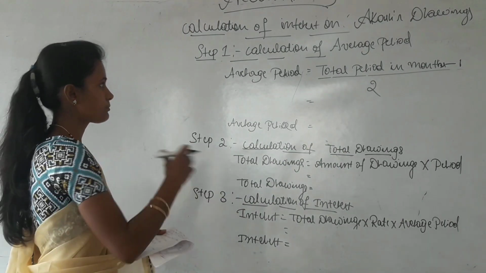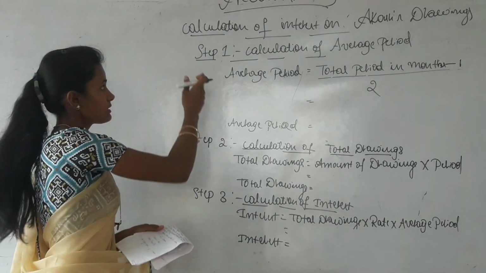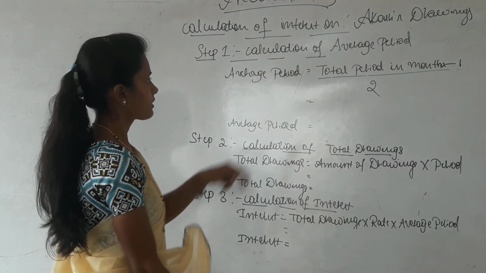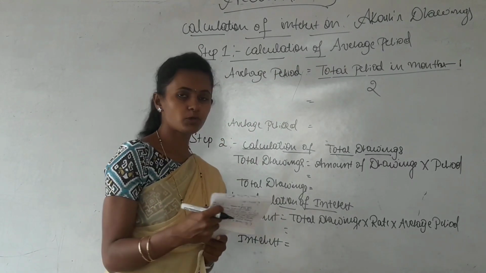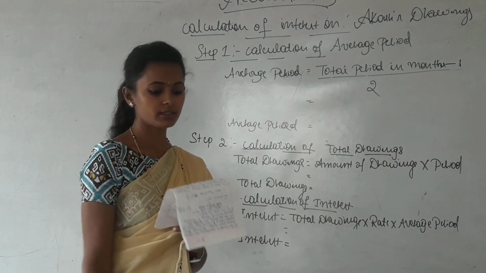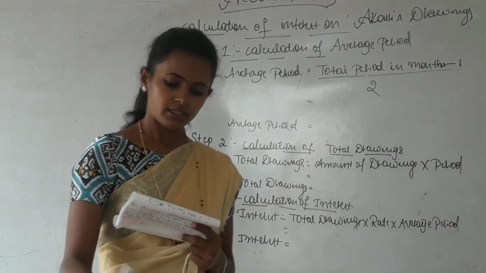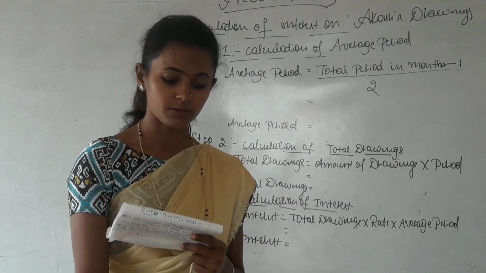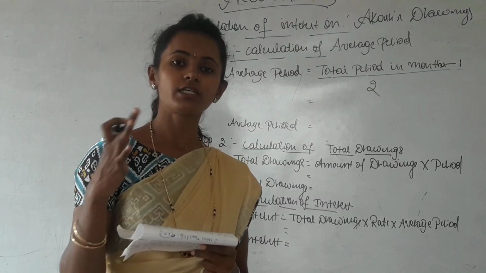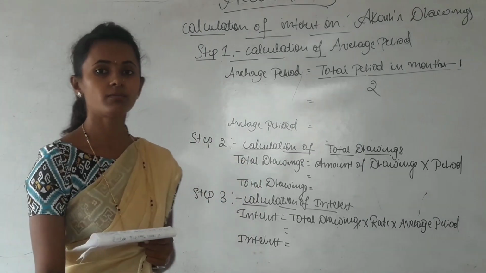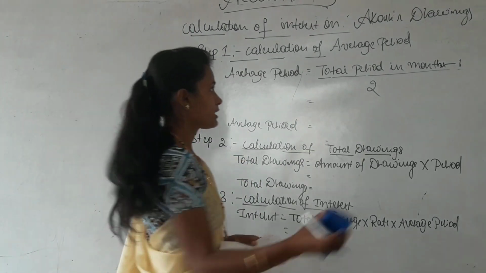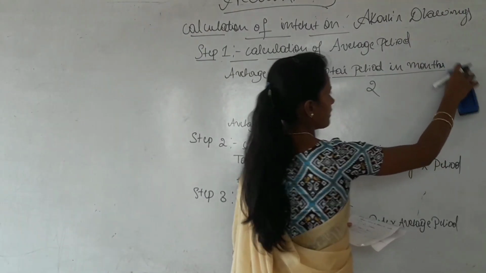Second, the same steps. In the case of step 1, calculation of the average period. Again, in this problem, to calculate the average period, I repeat the sentence: he drew rupees 3,000 on the 15th of every month. So the 15th of every month is nothing but the middle of every month. For the middle of a month we have a formula: total period in months divided by 2.